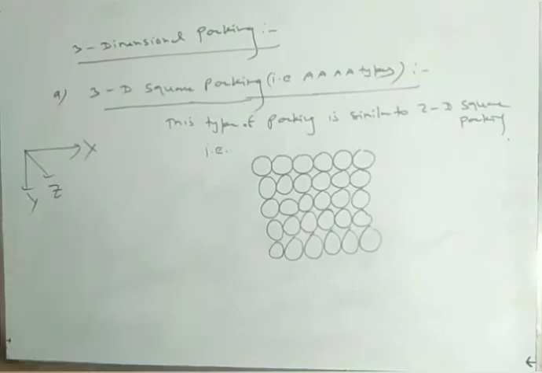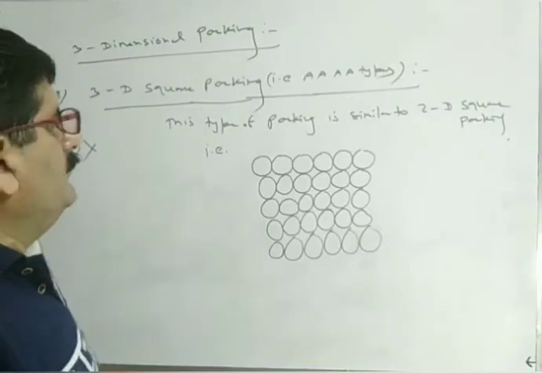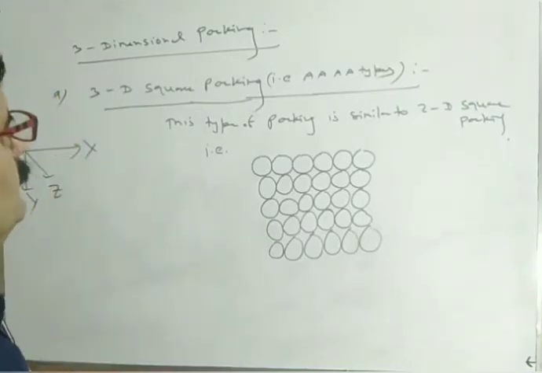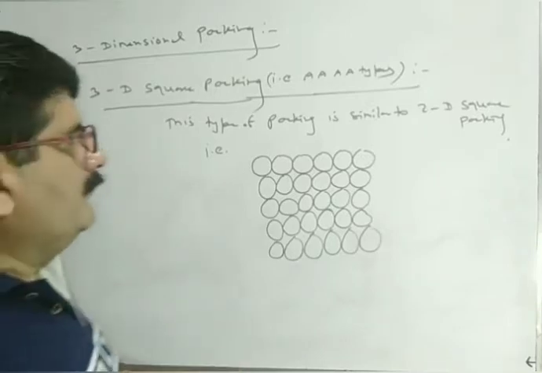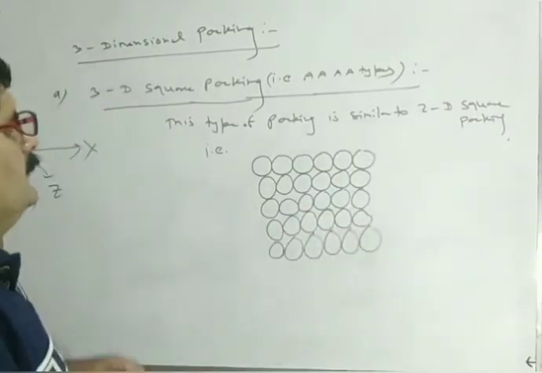So in such a manner, when atoms are arranged through x and y axis, then this type of packing is known as what? 2D square packing.